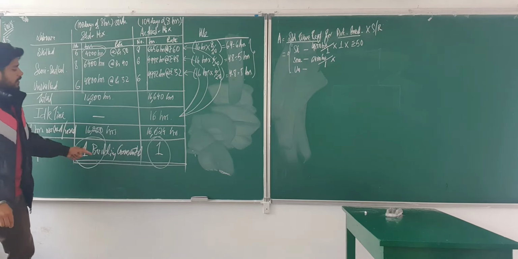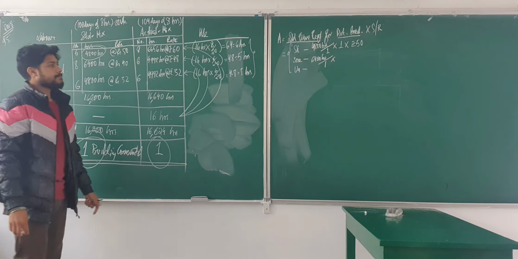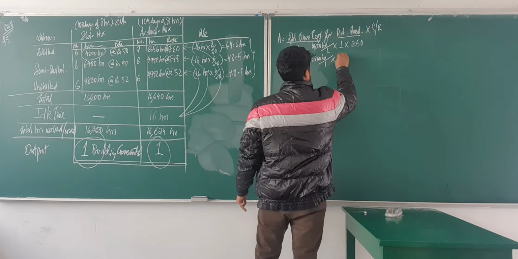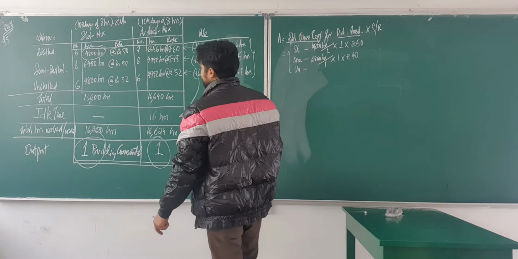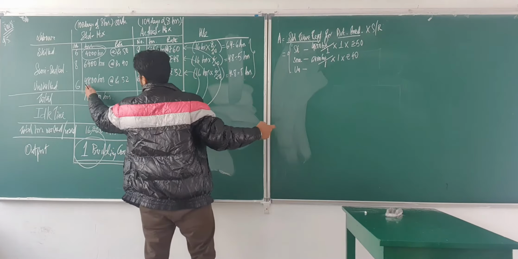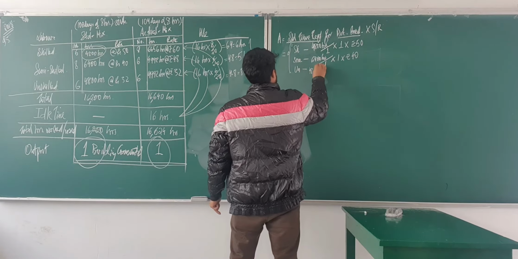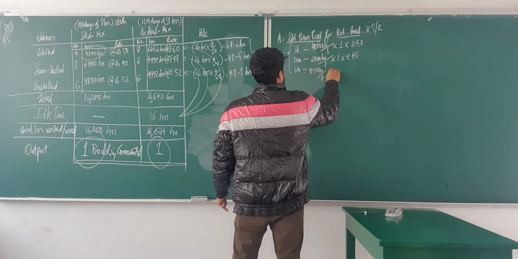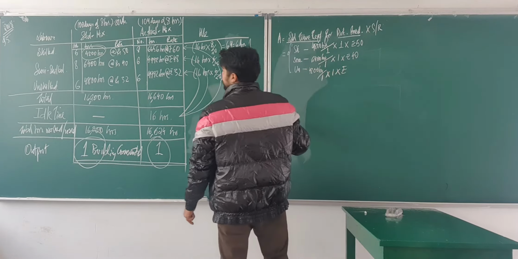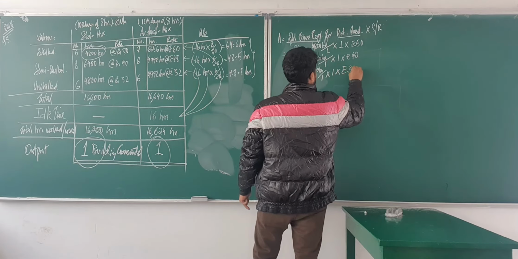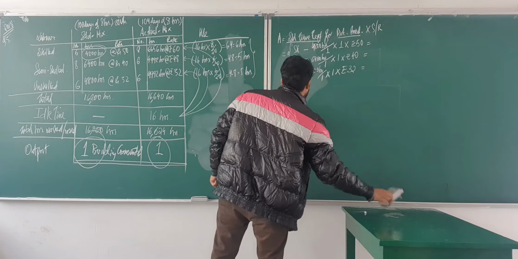So it will make an L. Into 1 into the rate is rupees 40. Now the third one, the unskilled one, this by this into this. 4,800 hours by 1 into rate. So rate is rupees 32. Calculate each value here. What are you getting?